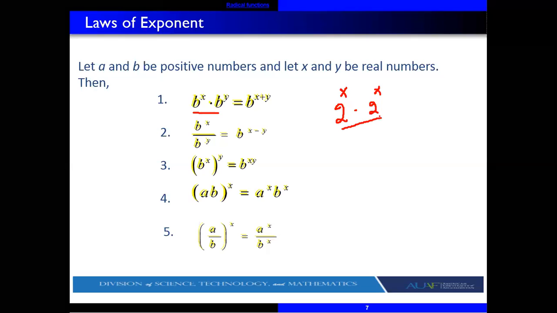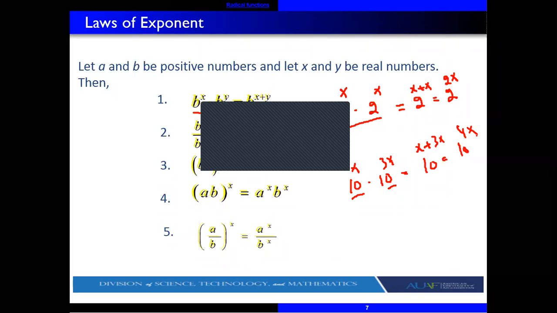So take one 2 and add their powers, x plus x, which means 2 power 2x. Or if we have 10 power x multiplied with 10 power 3x, the bases are the same, so take one base and add their powers, x plus 3x, so 10 power 4x. This is the first rule, or product rule.